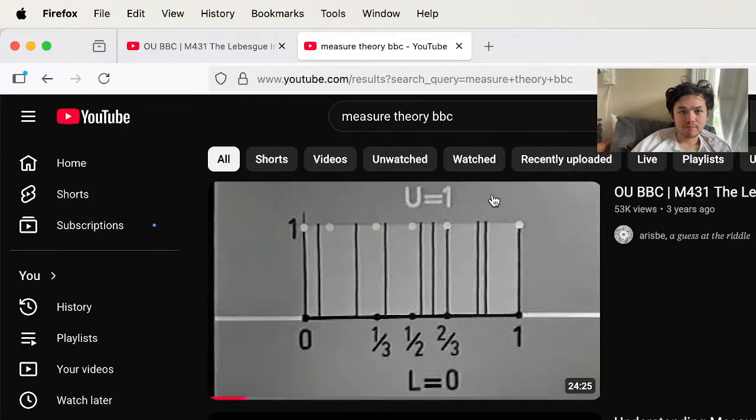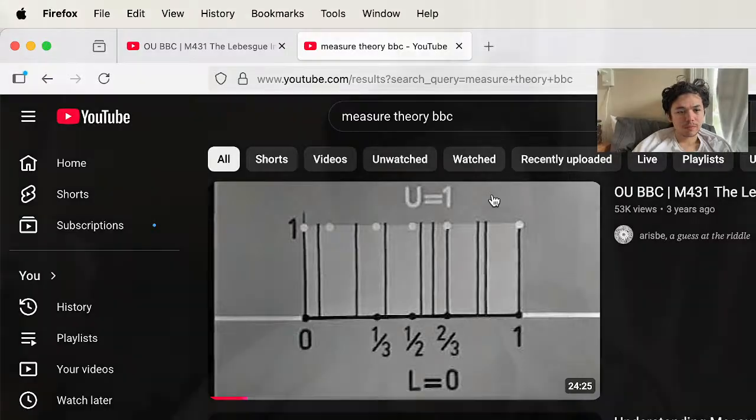Hmm. How does it look full screen? Hmm. And so we get the big integration. Well, that's the new.